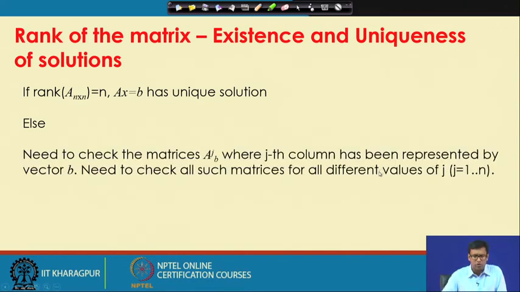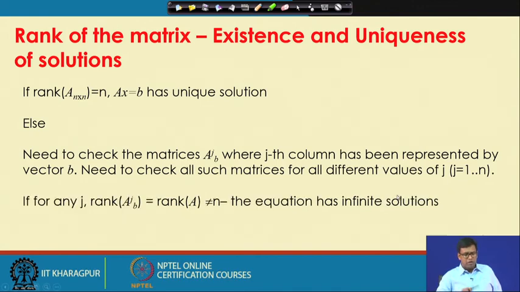If not so, we have to check the matrix AJB, which we have done while finding the solution of the matrix, where the jth column of A is replaced by B. We have to check all such matrices for different values of J. Now, if for any J the rank of AJB is equal to the rank of A, which is not equal to n, we have ruled out the case that rank of A is n, so there is no unique solution.